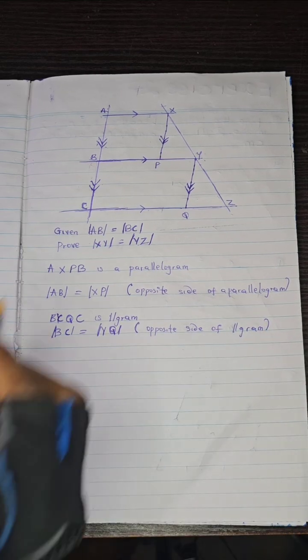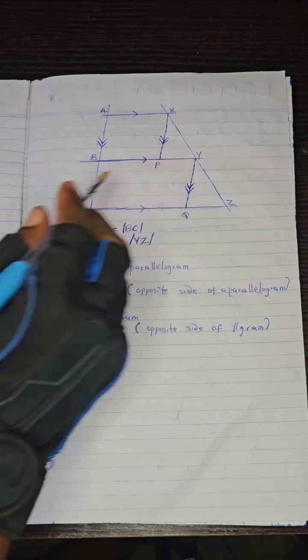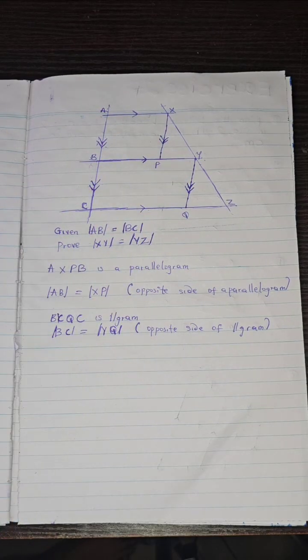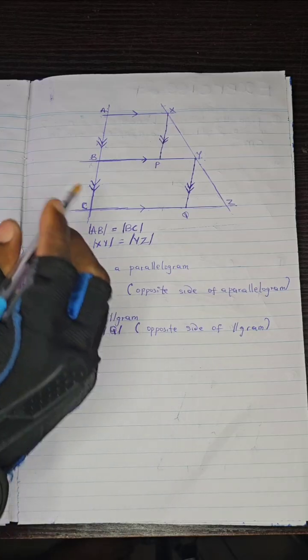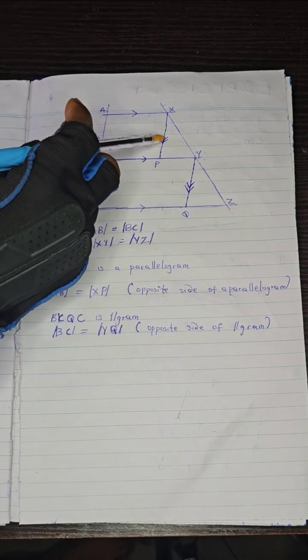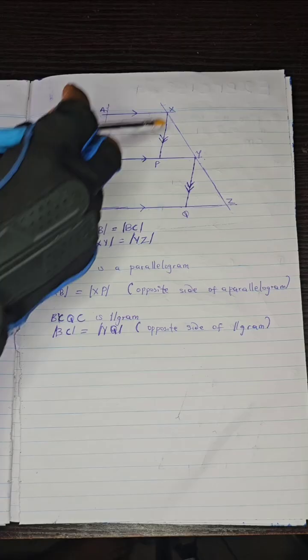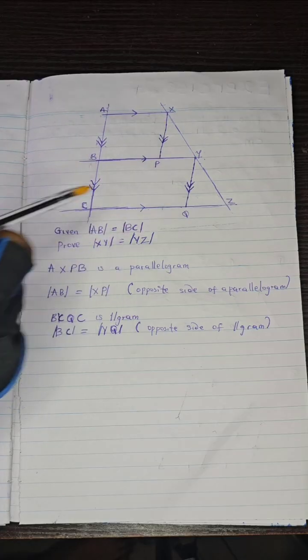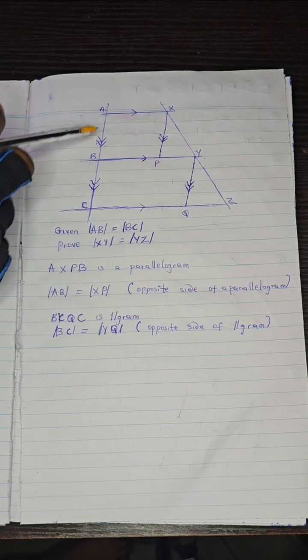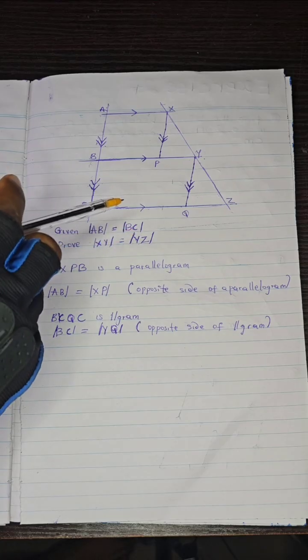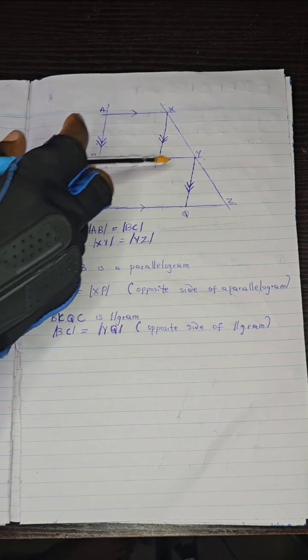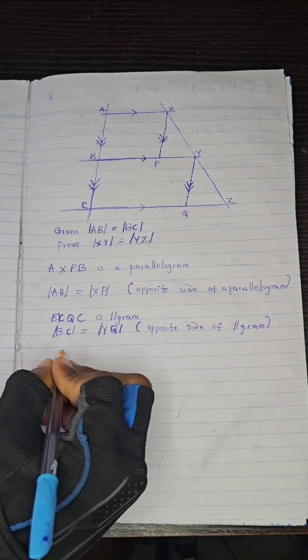Are we together? So we're able to prove that this is equal to this and that is equal to that using the parallelogram law. If AB is equal to XP and BC is equal to YQ, we already know that AB and BC are equal. So I can comfortably say that XP is equal to what? YQ.